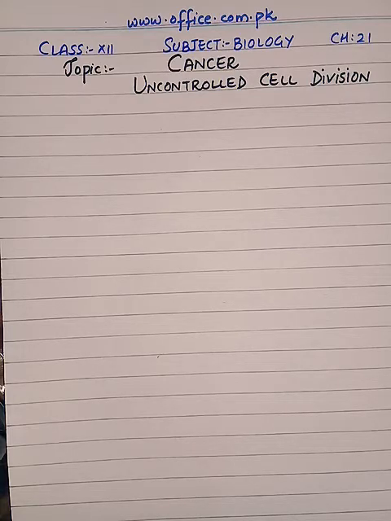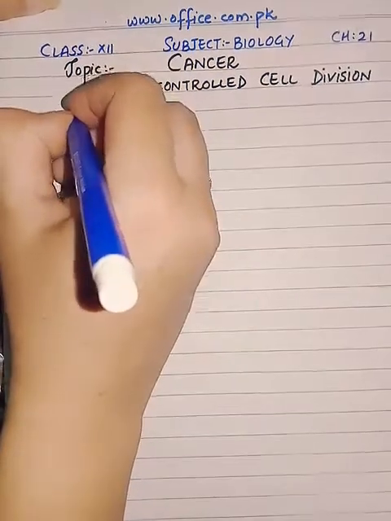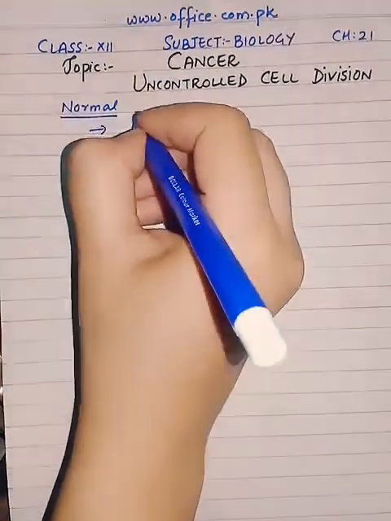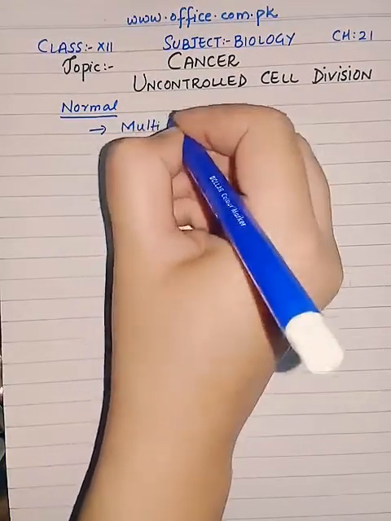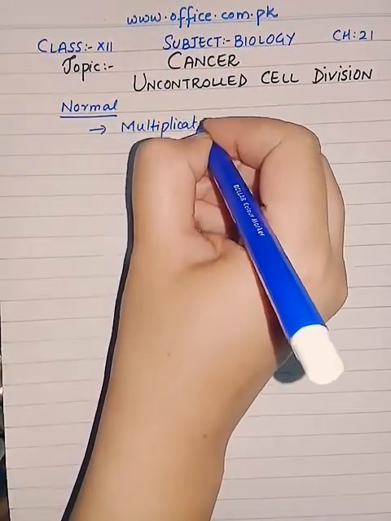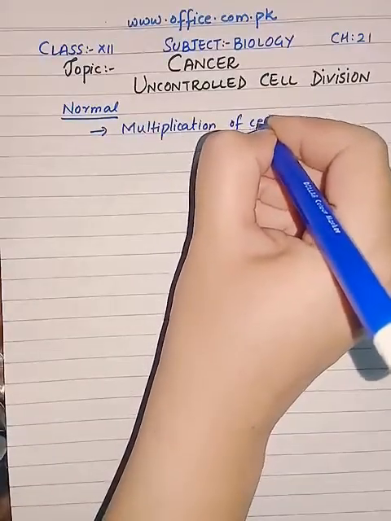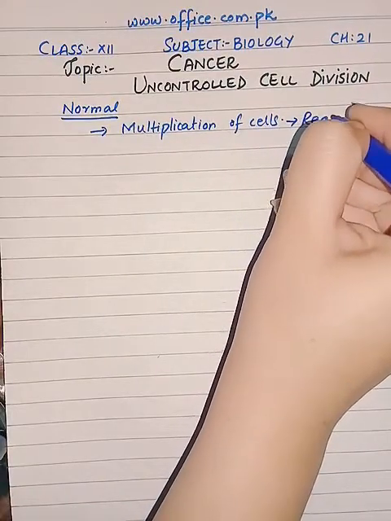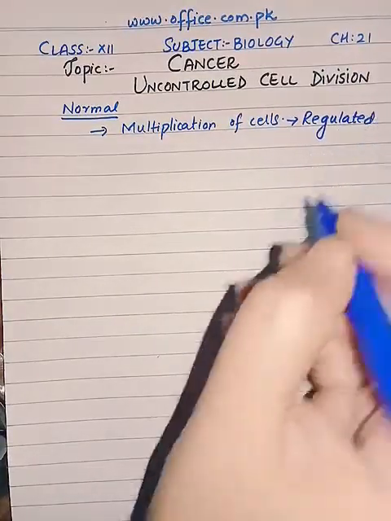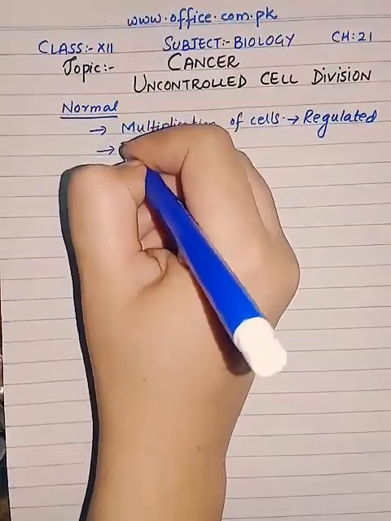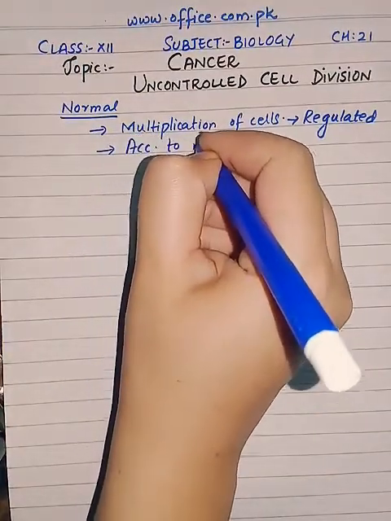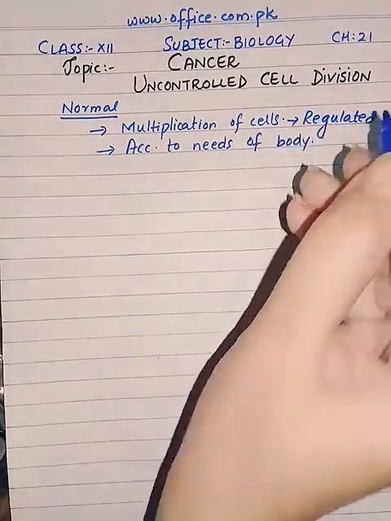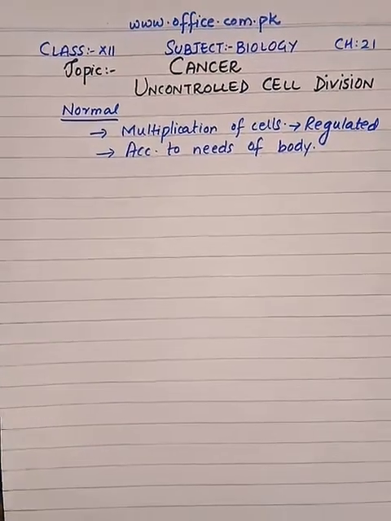Normally, in the human body, first we'll talk about the normal human body, the multiplication of cells is carefully regulated, and it is according to the needs of the body. It means cells will be produced when the body needs them.